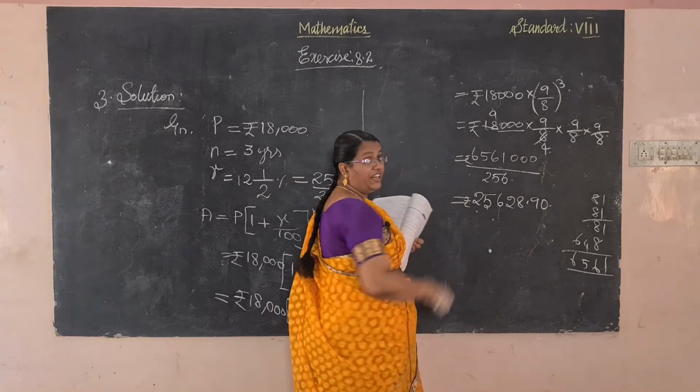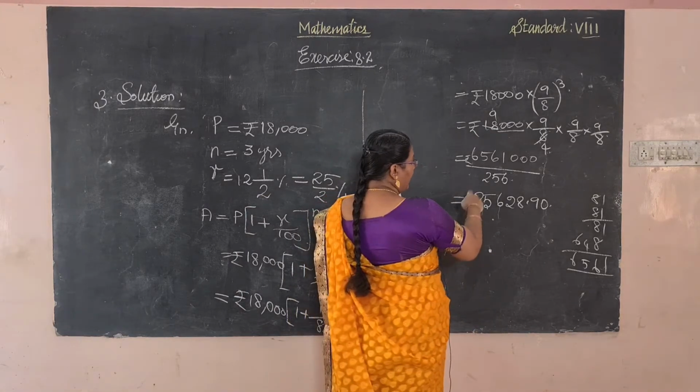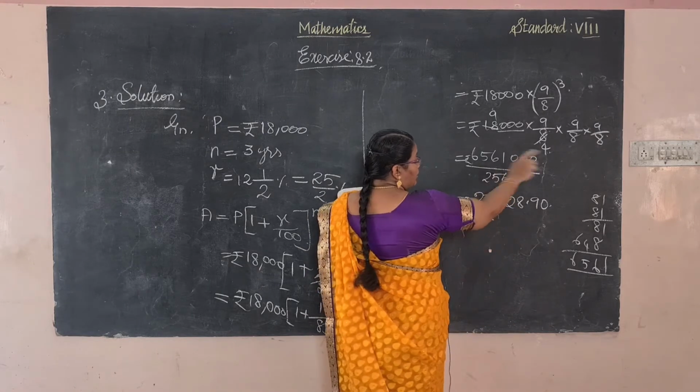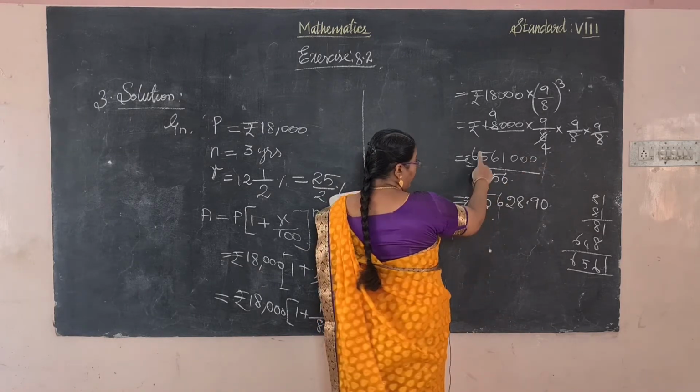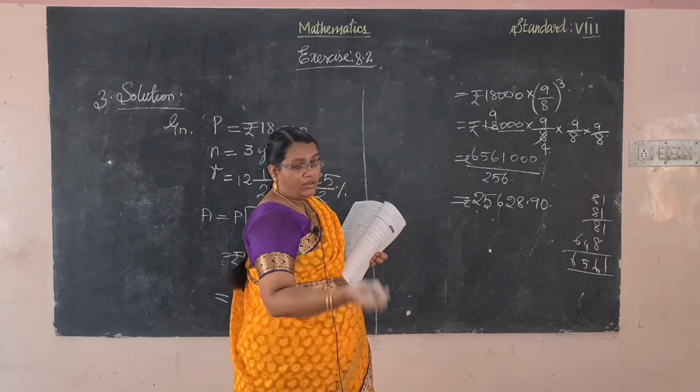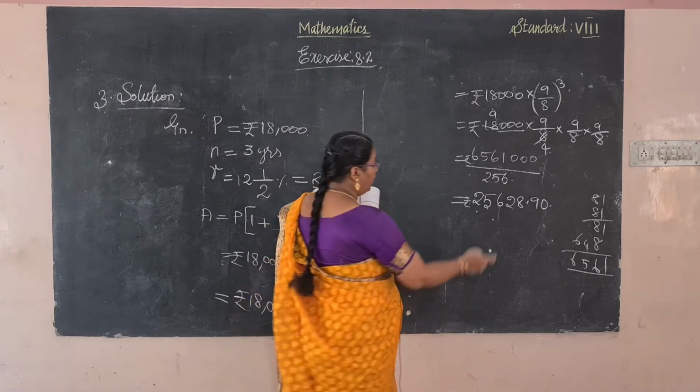We have calculated it in a rough work area. You should do the calculation in a rough work area, then simplify by the 2 table or 4 table and write this value.